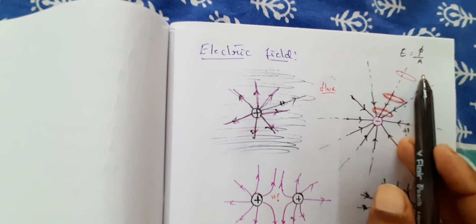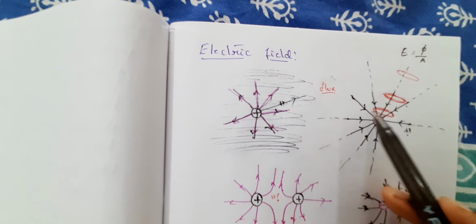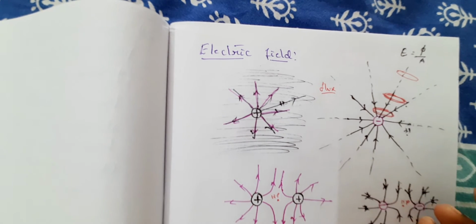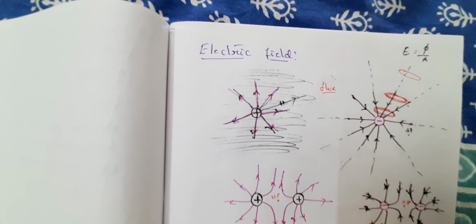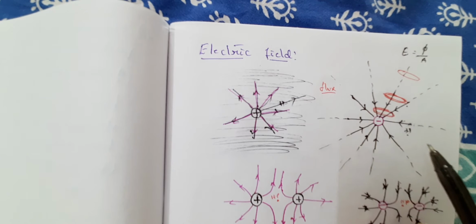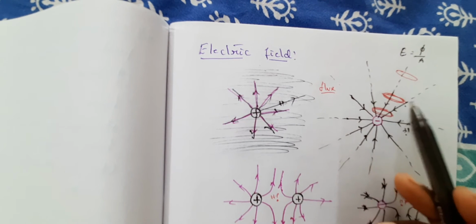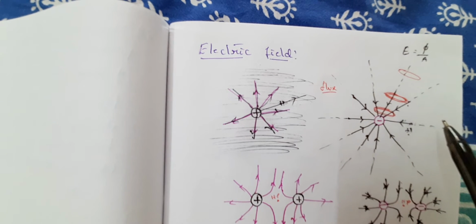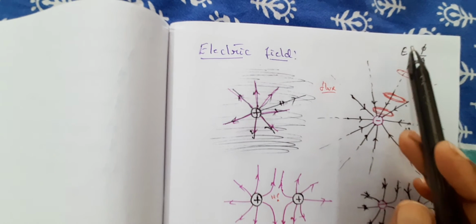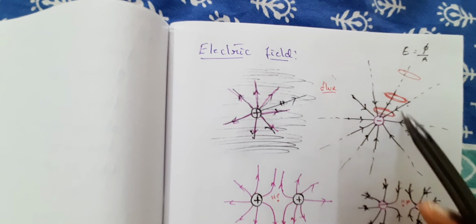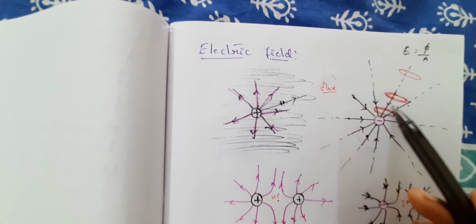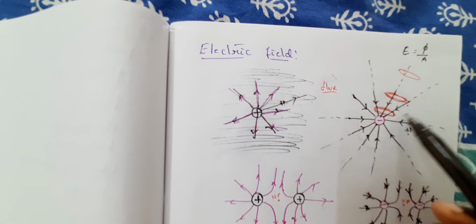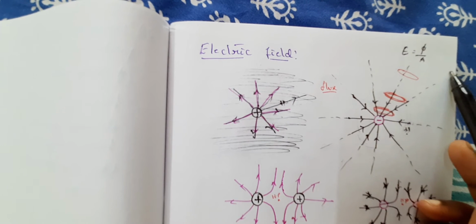The number of lines passing through an area we call electric flux, and that flux per area we define as the intensity or strength of the electric field. The more the lines, the more the strength. That means very near to the charge, the electric field intensity is more, and as you move away from the charge, the intensity decreases, and at infinity it becomes zero.